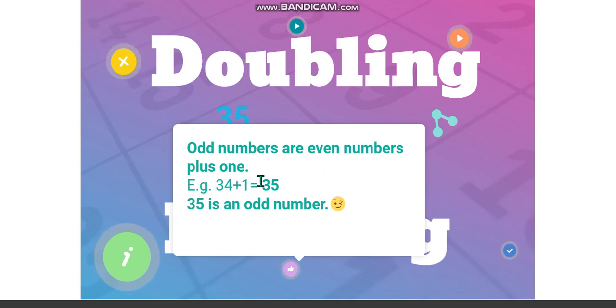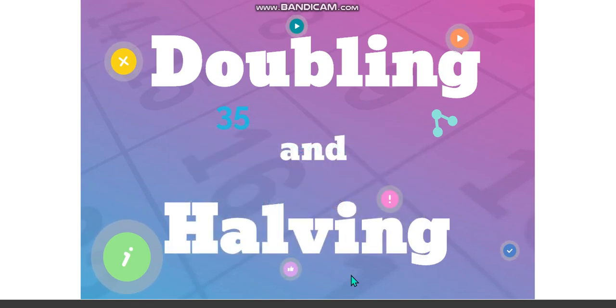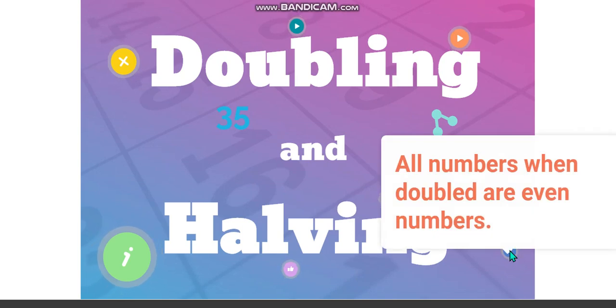Okay, so remember here, so when we partition later, it would be 30 plus 4 plus 1. Right, all numbers when doubled are even numbers. So even if you double an odd number, the answer would always be an even number.